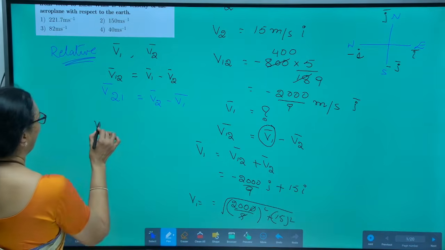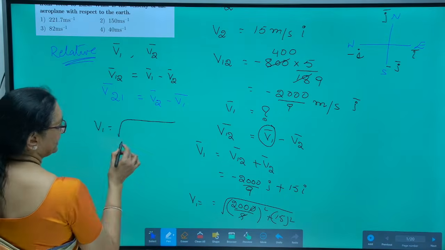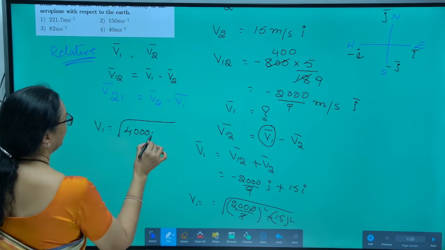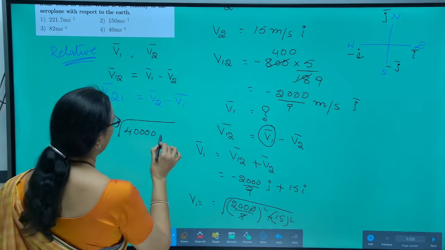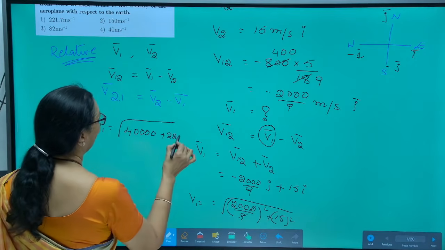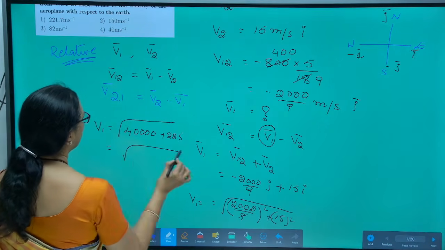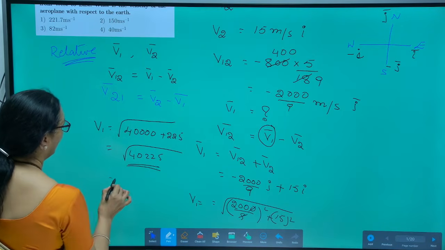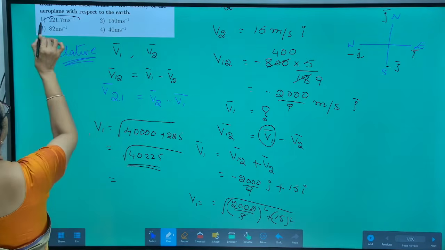So, V1 is equal to square root of 40,000 plus 225. So, this is 40225. So, it is greater than 200.